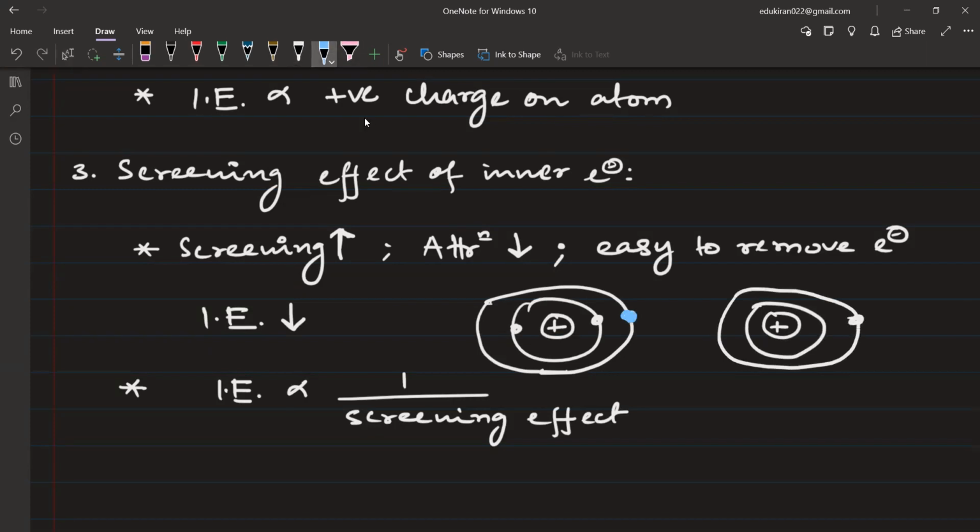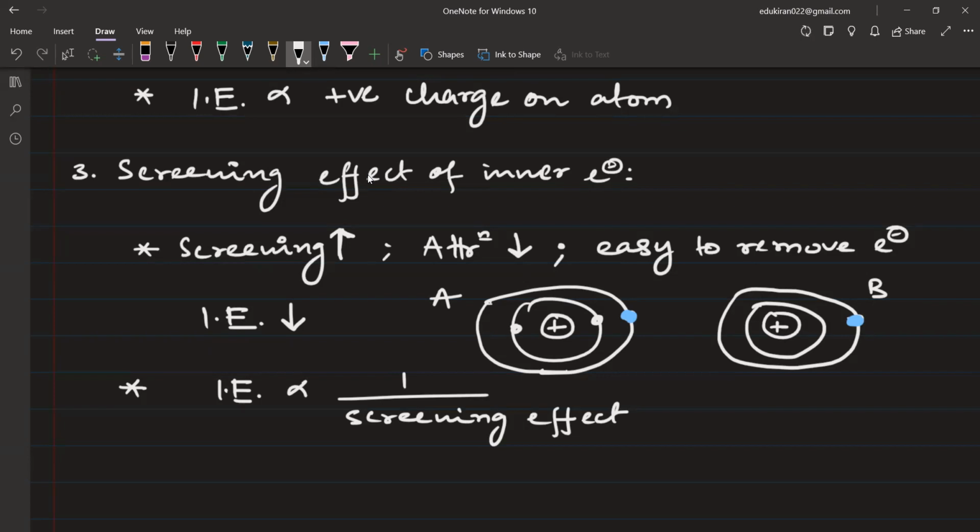Look at the blue electron. In both the cases, I have two shells. Yes or no? Yes, because I have two, A and B. But what is the difference? In A, I have inner electrons, correct? But in B, we don't have any inner electron, correct? So what do you think? Which will be attracted by the nucleus more effectively, the A case or the B case?